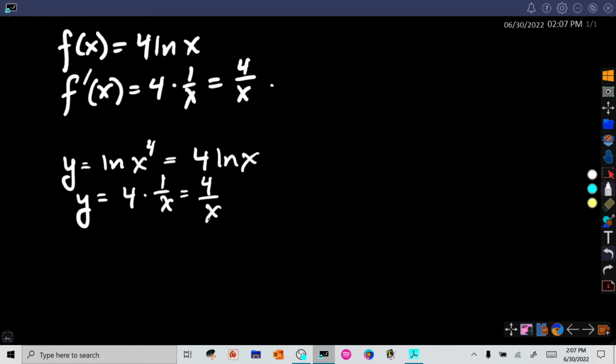If I do it the traditional way, without utilizing the property, I'm just going to come over here and treat it like I didn't do anything. Natural log of x to the 4th. So this is where that chain rule comes in. I can treat it as though u is x to the 4th.